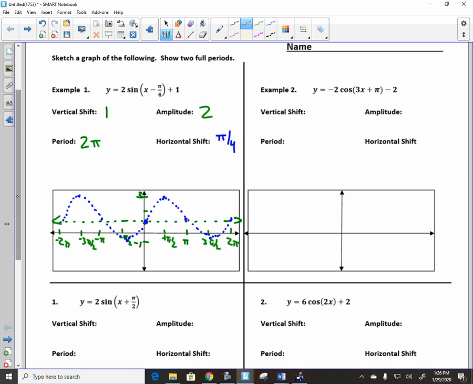That's my ghost graph. How much is pi over 4? 1 tick mark, less than 1 tick mark, half of a tick mark. I take all these points and move them 1 tick mark to the right. Or I'm sorry, half of a tick mark to the right.